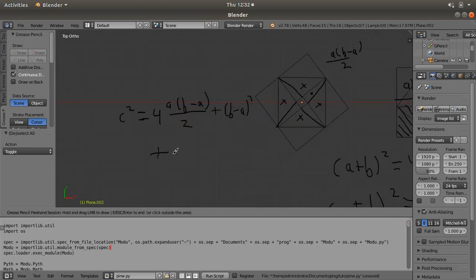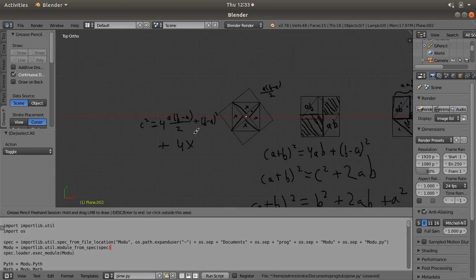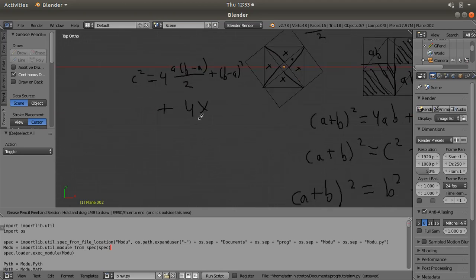So I'll just write 4x. And if I did that right, and if you solve for x, then you'll get x equals a squared over 2.